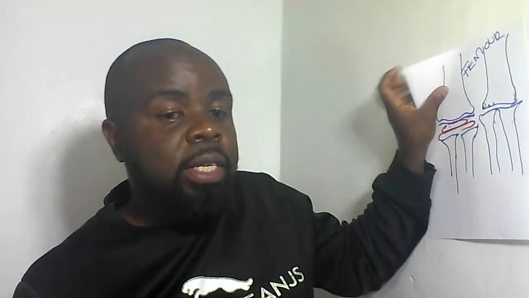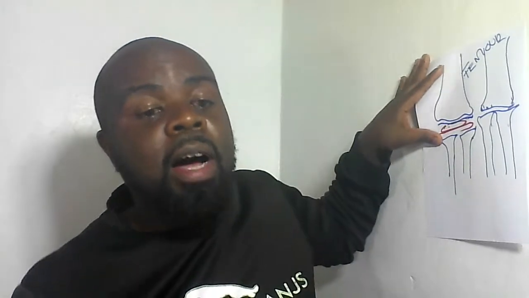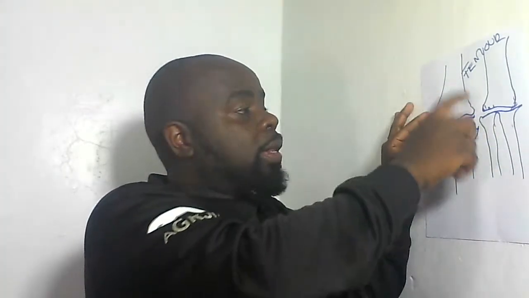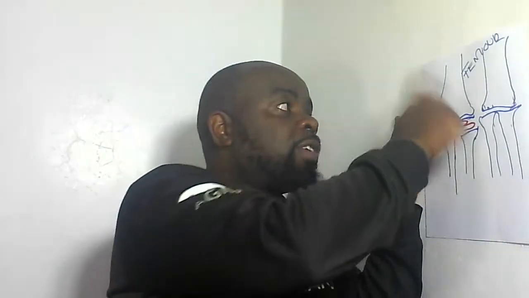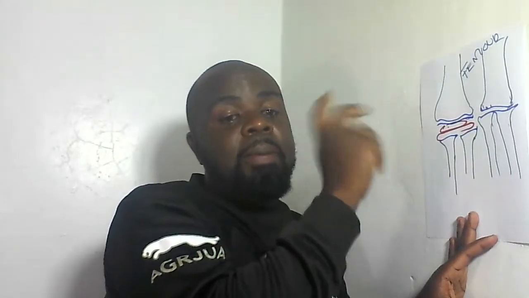If you've ever heard about synovial fluid, the synovial fluid is what is here that makes it have a round cushion so that this bone cannot touch the two bones below. This one is the femur of your thigh, tibia, and fibula. There are three bones on your legs, and then there is a foot which has its own bones.